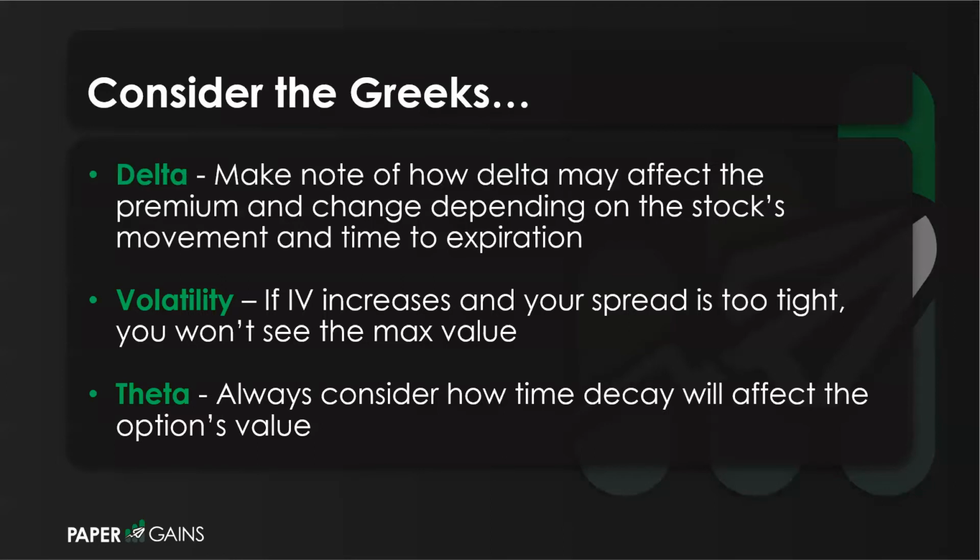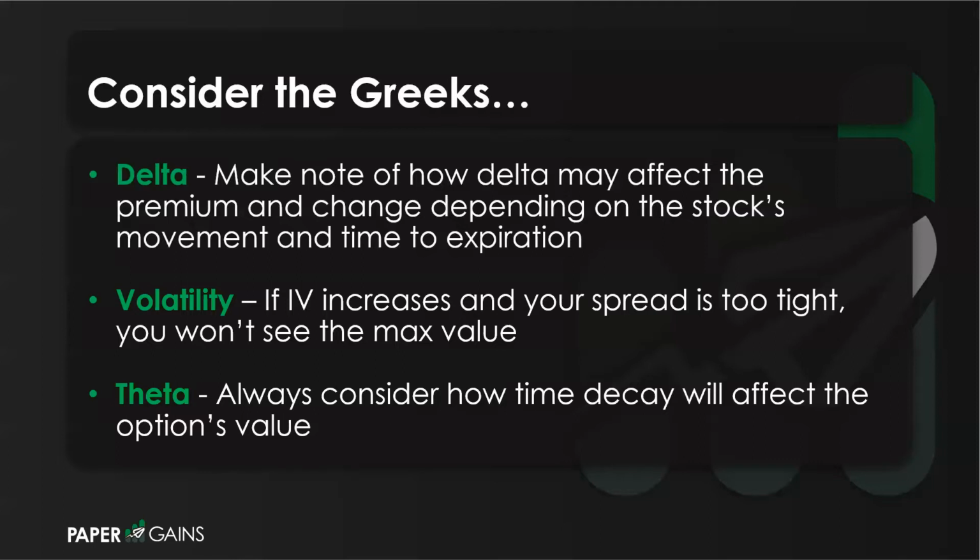Volatility is another thing we need to pay really close attention to. When you're looking at spreads, if it's a super volatile stock, on a tight spread, and by tight I mean a couple dollars, anywhere below $5, you won't ever really get to that max value. If it's a $5 spread, you won't get to that $500 probably until the very last day of trading, right before it expires.